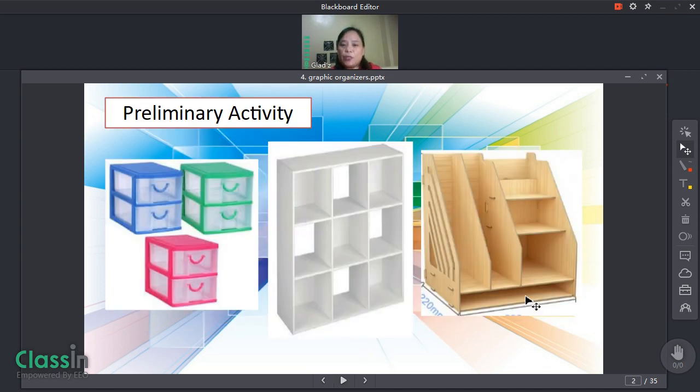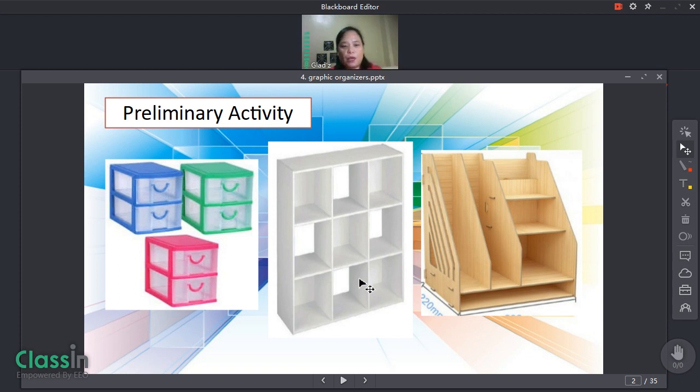So to start with our lesson, let's have first our preliminary activity. Are you familiar with these pictures? For sure, you are very much familiar with this. Do you know where to use these pictures? Very good. These are used to place our things, either big or small.